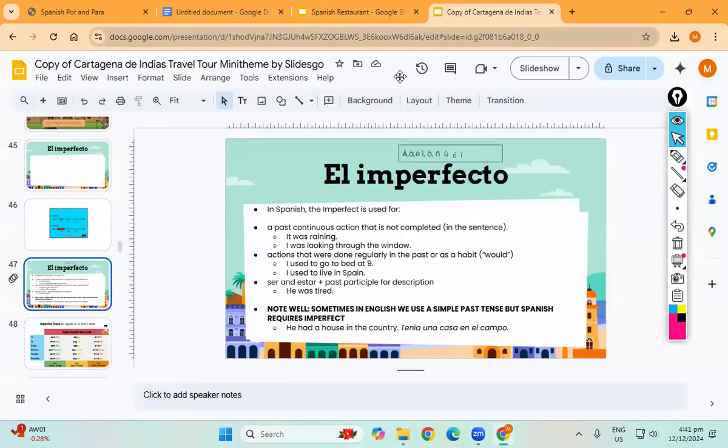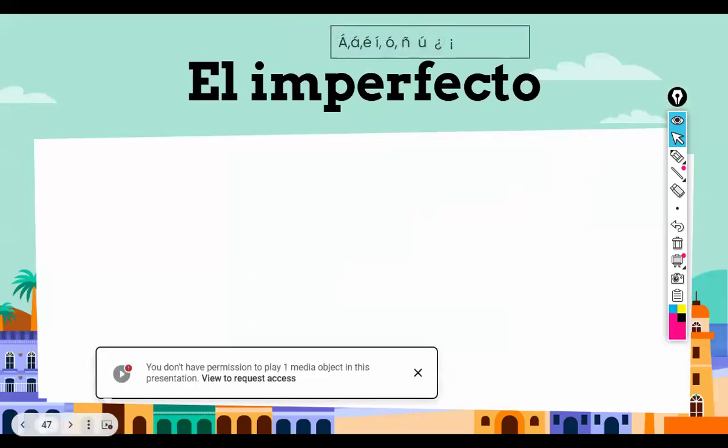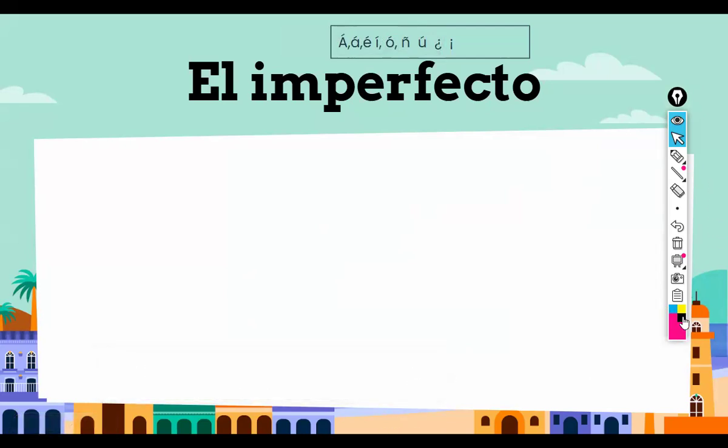All right, so if we go back to this now, some of you in class have done imperfect tense already, right? If you've never done it, I'd like to know. Now, what is the equivalent in English? The equivalent in English is I was doing something, right?